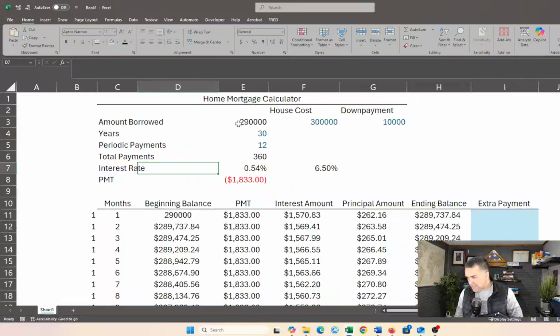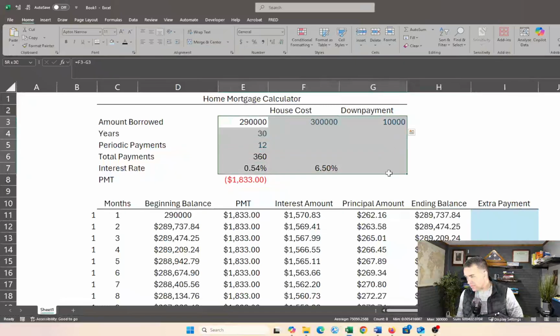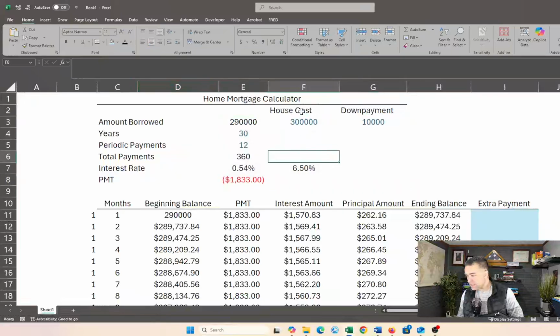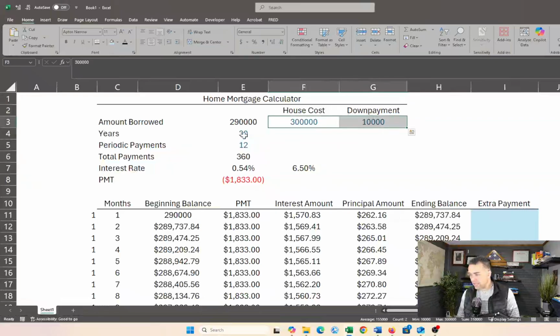Okay, and then the last thing I think I'm going to do is center all these cells as well. Make it look a little nicer. You'll see me do this throughout the entire mortgage calculator here. Now I'm going to highlight the ones.